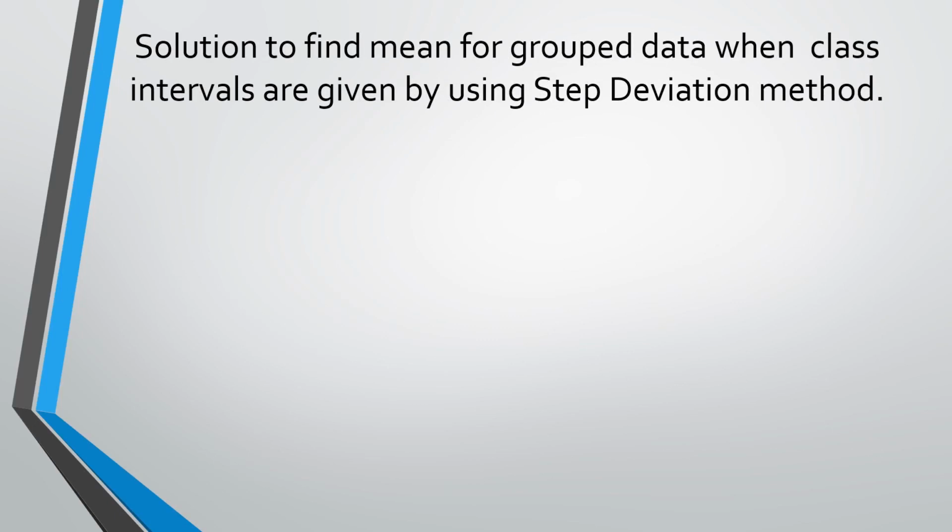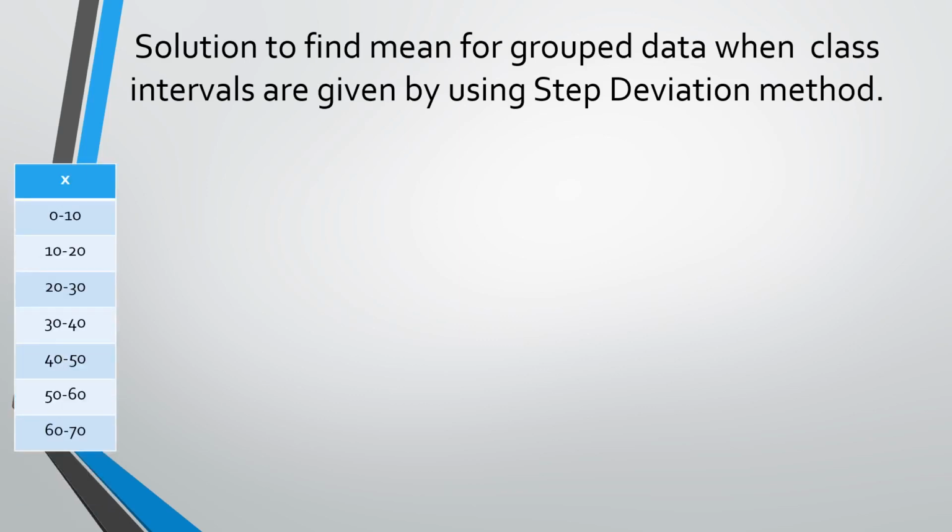So here the formula is mean is equal to A plus summation of Fd divided by N into I, where A is the assumed mean and Fd is the summation of the product of frequency and the deviation d, and N is the summation of F, and I is the class interval.